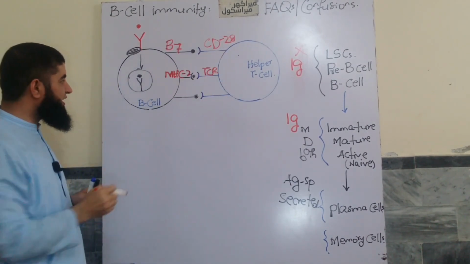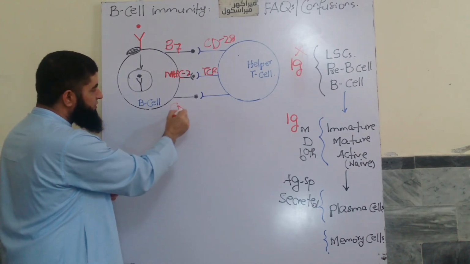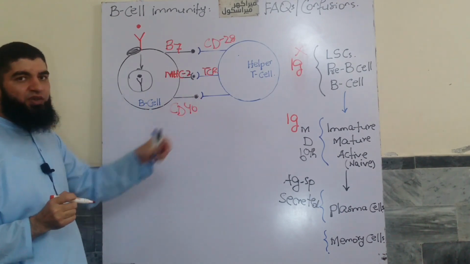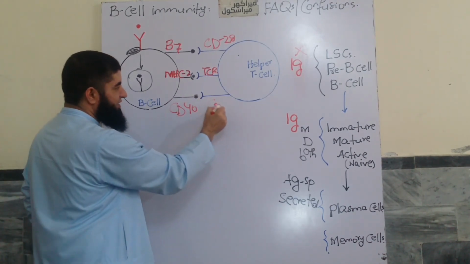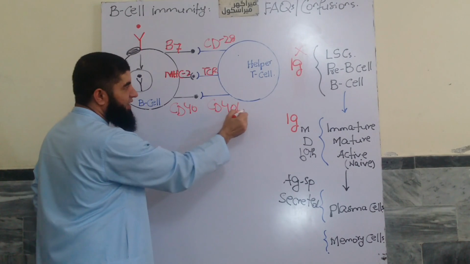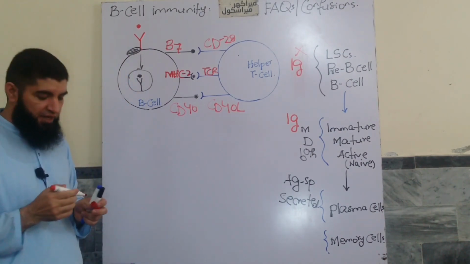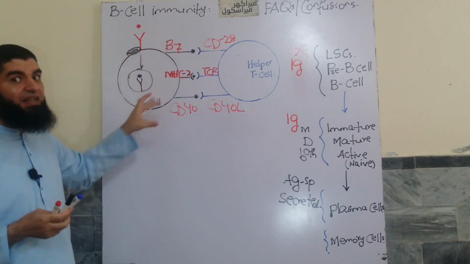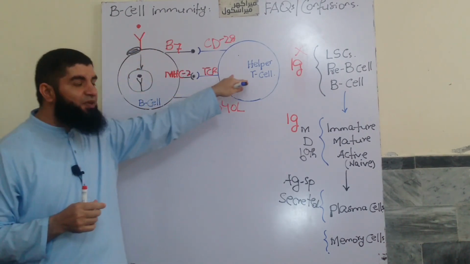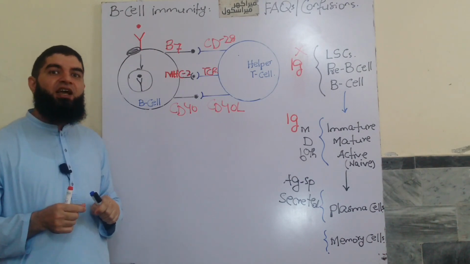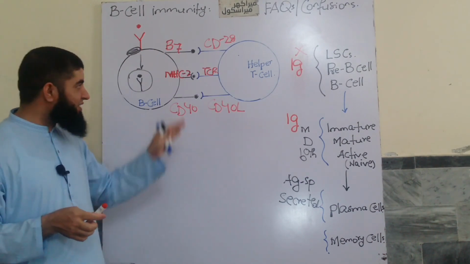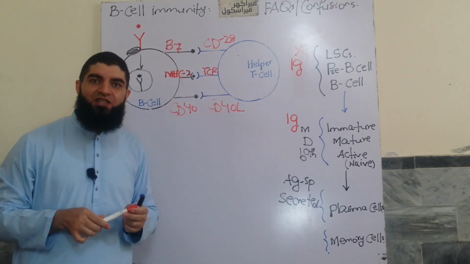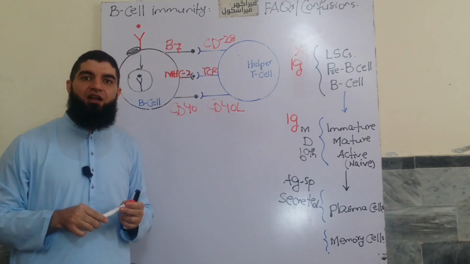Similarly here we have the CD40 on the surface of B lymphocytes that interacts with the CD40 ligand on the surface of T cells. And we need these interactions at multiple levels so that the helper T cells can be activated. And the helper T cells, once activated as a result of these interactions, go on to release or secrete various chemical mediators we call lymphokines.